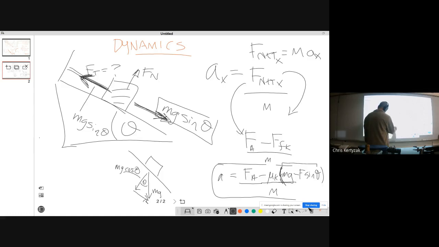That's the amount of gravitational force that's actually pushing it straight down into the ramp, pressing it against the ramp, mg cos theta. So that means the normal force, which has to be in the upward direction, has to be how much? mg cos theta. Has to be equal to this amount of the gravity force, which is down. So Fn equals mg cos theta.